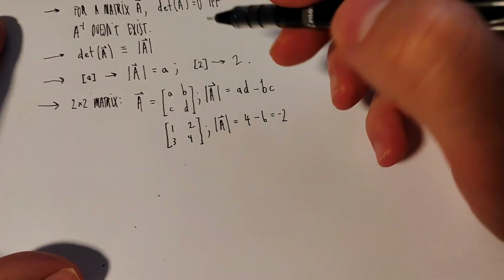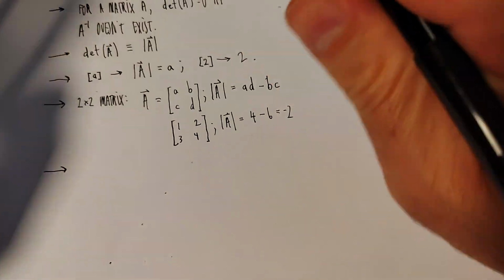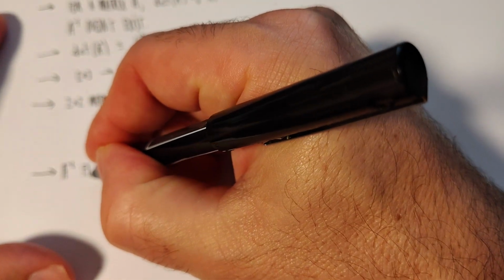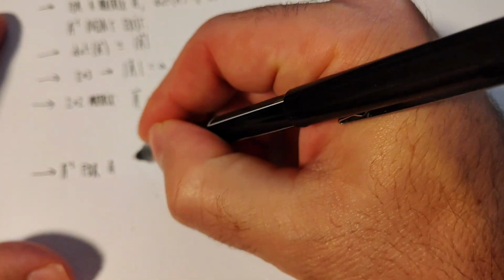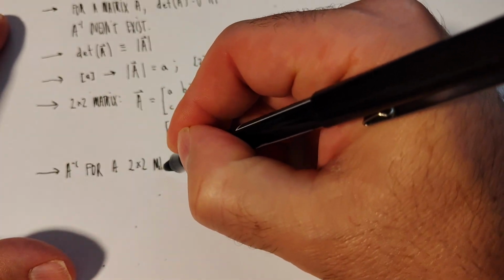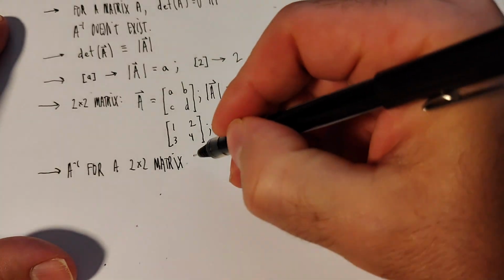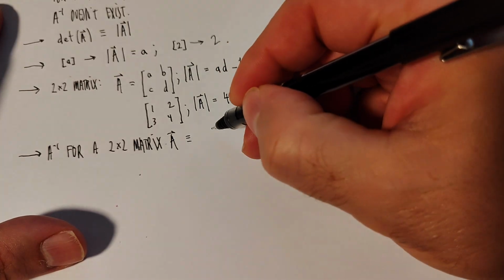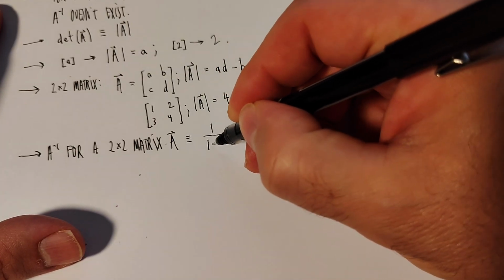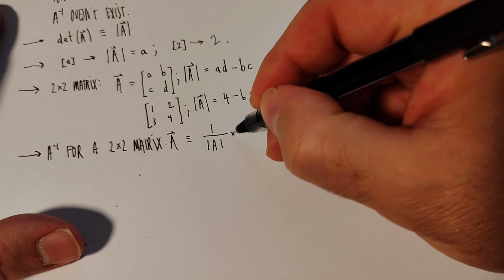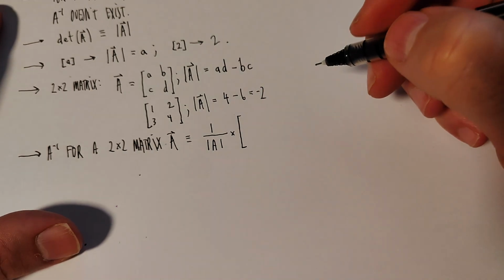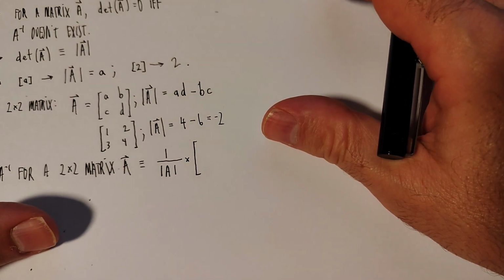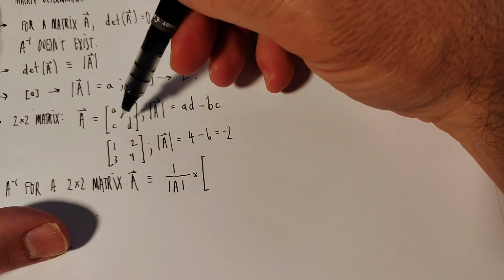So we can actually define the inverse for a 2 by 2 matrix. That's an easy case. So A inverse for a 2 by 2 matrix A is defined as 1 over the determinant of A times, and you just have to memorize this for now, we're going to swap the diagonal entries.